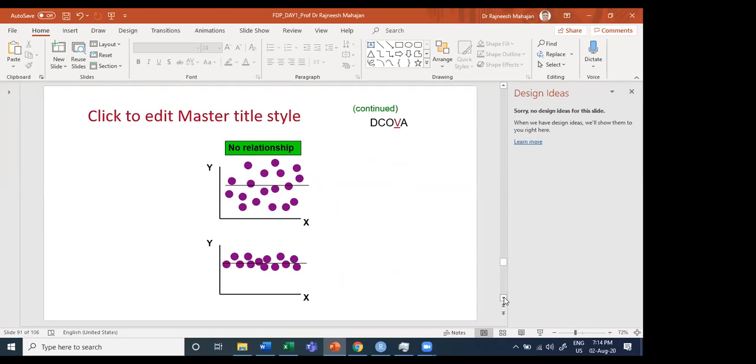Remember I have shared one data set, the iris data set. In that iris data set, we have used the pharma example where we have seen the length of flowers, where different species are identified.